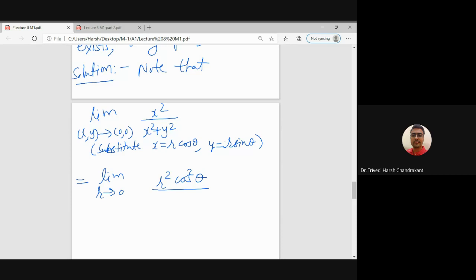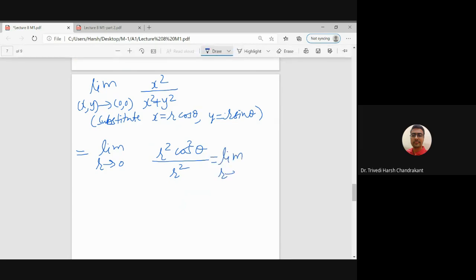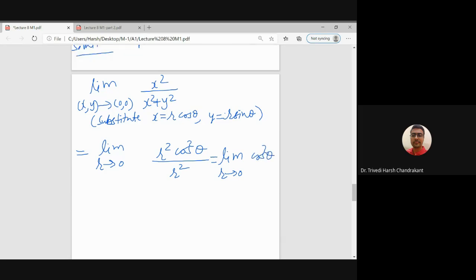So we know that if x is r cos θ, y is r sin θ, x² + y² is r². Right, so now we can cancel r². So essentially we'll get the limit as r approaches 0 of cos² θ, because r² we can cancel, r is a positive number.